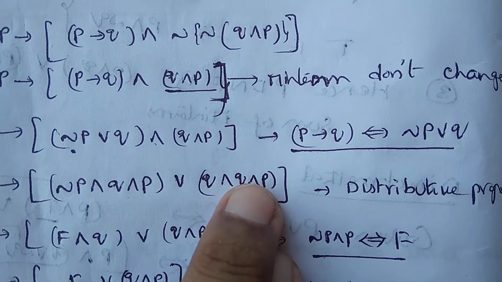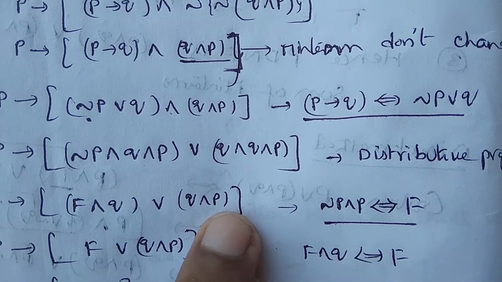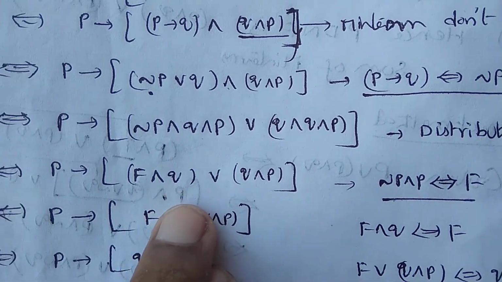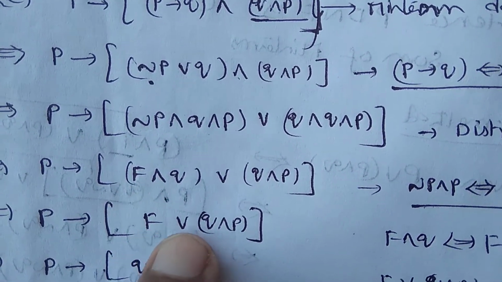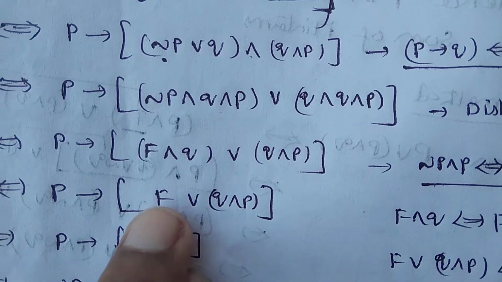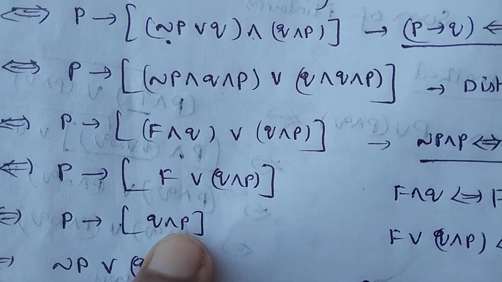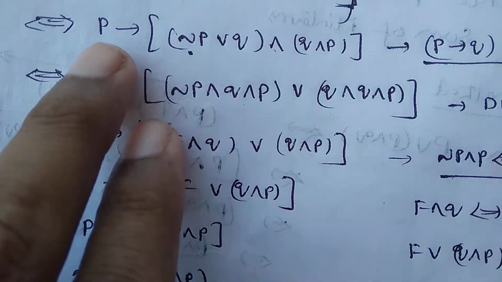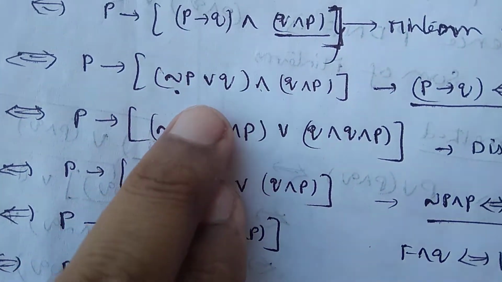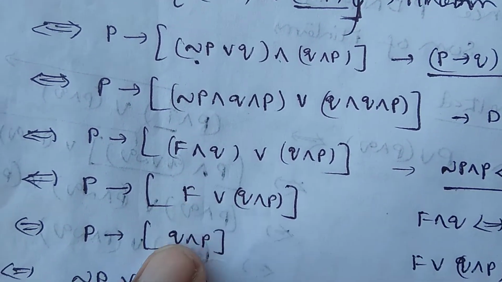Q and Q gets only one time Q, and P. So false and Q gets false, or Q and P. So false or Q and P gets Q and P. So this proposition you have to simplify one by one, step by step.